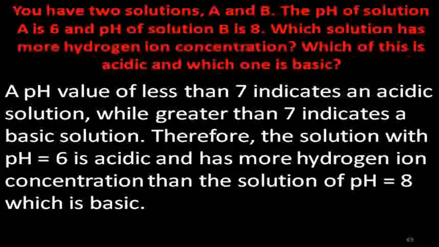Therefore, the solution with pH 6 is less than 7, which is acidic, and more hydrogen ion concentration is present in the acidic solution than in the solution of pH 8, which is more than 7, so it is basic. So from this it is understood that a solution whose pH value is less than 7 contains more hydrogen ion concentration.